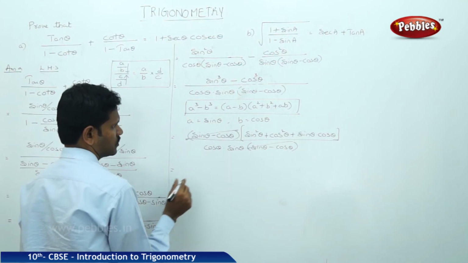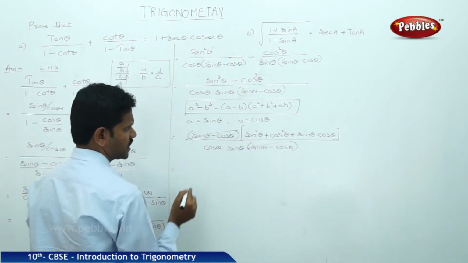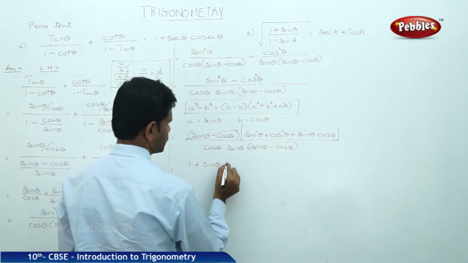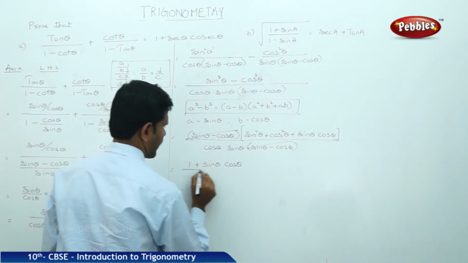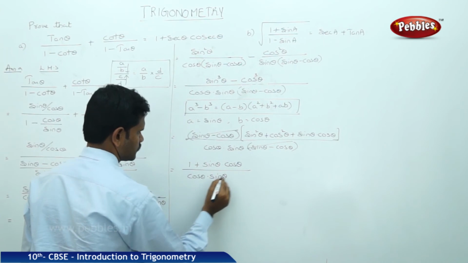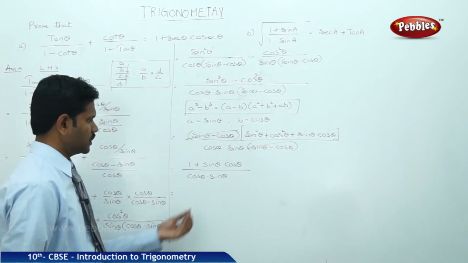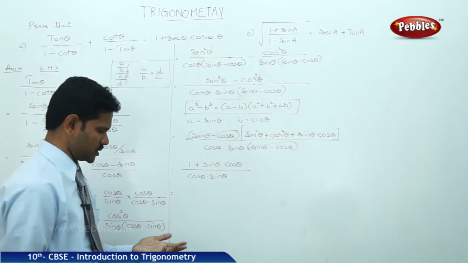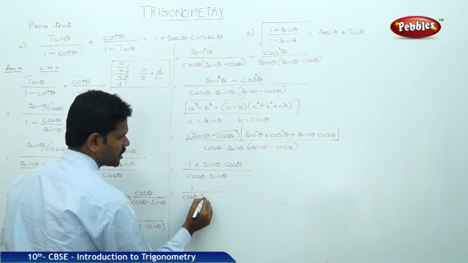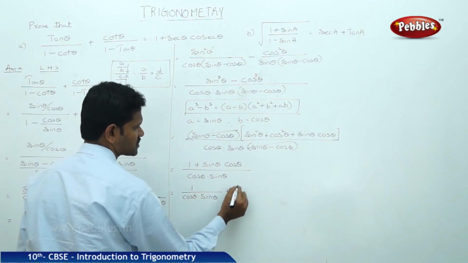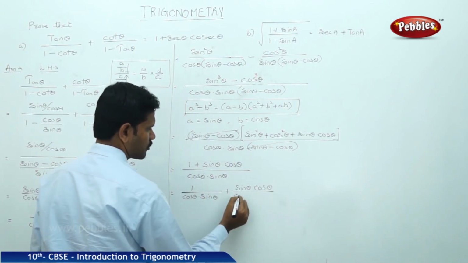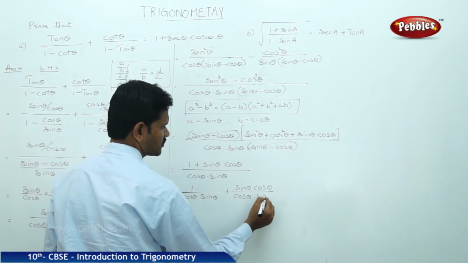That is equal to sin square theta plus cos square theta, which is equal to 1 by identity, plus sin theta into cos theta by cos theta into sin theta. Now this denominator will be applied to both parts, that is 1 by cos theta into sin theta plus sin theta into cos theta by cos theta into sin theta.